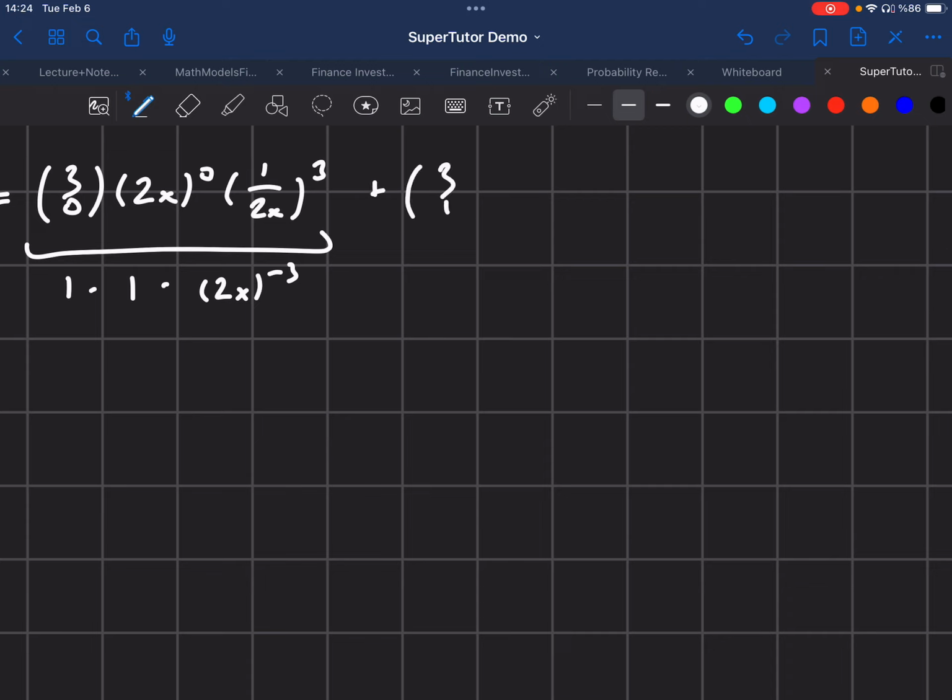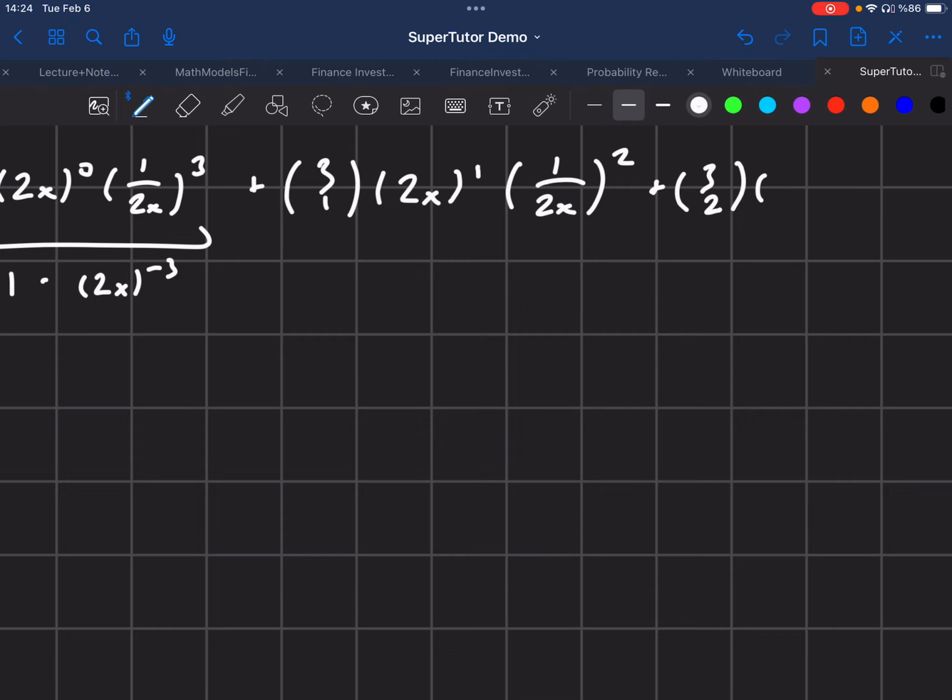For our next term, I keep on writing the same stuff and only changing the number i takes. We've done the calculation by taking i equal to 0, and now we're doing i equal to 1. We're going to have (2x)^1 and (1/(2x))^2.